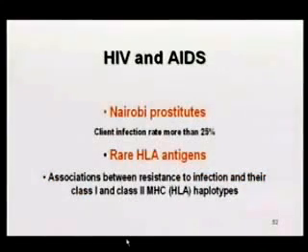There was this particular group, a group of ladies in Nairobi whose profession was prostitution, and they get pretty effectively exposed to HIV because 25% or so, at least, of their clients are HIV positive. And yet, they don't seem to manifest the disease. They seem to have a very good immune response to the virus. They can clear the virus, and it's probably all to do with the sort of HLA antigens that they have in presenting the virus.